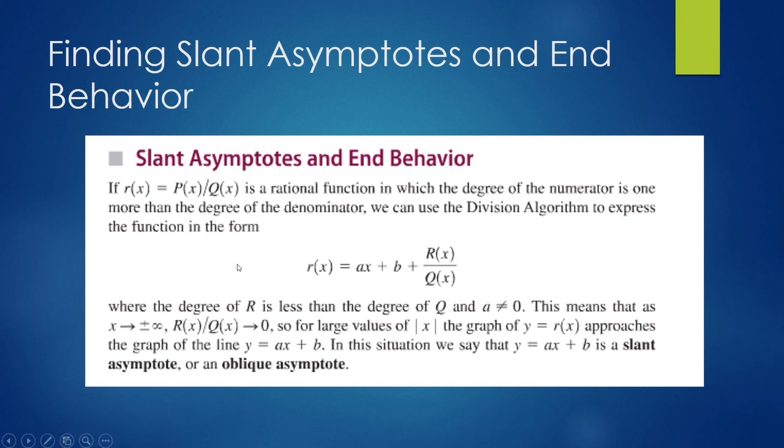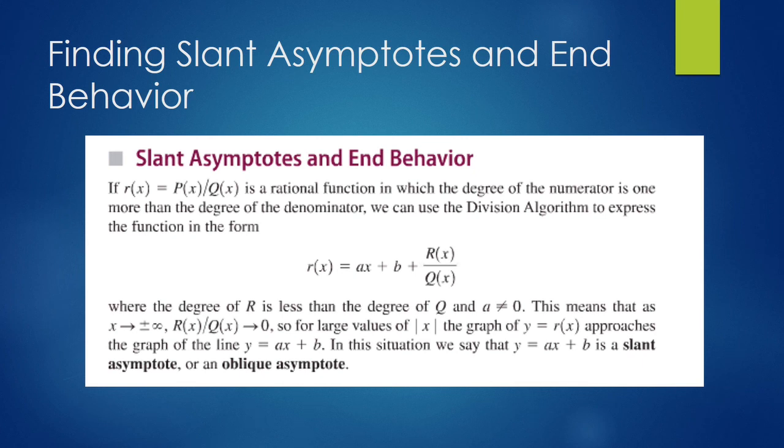So R, we have a degree of R is less than the degree of Q here. And A cannot equal 0, otherwise this leading term would drop out. So that means that as x approaches positive or negative infinity, the rational function is approaching 0.